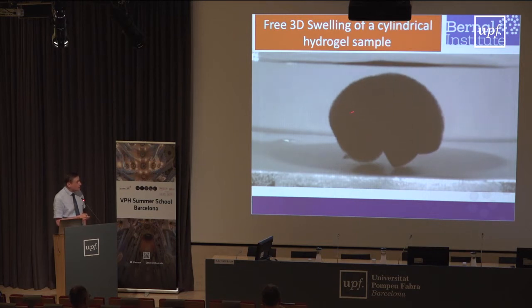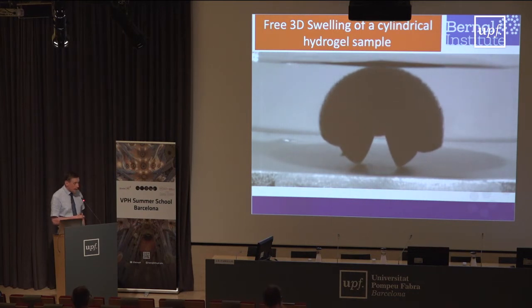So it is convex upwards in this plane, and in the plane perpendicular to the picture, it is convex downwards. And so we have a kind of saddle shape, and progressively it is swelling. In the meanwhile, the ions go out of the gel and the water goes inside, and they compete actually with one another.